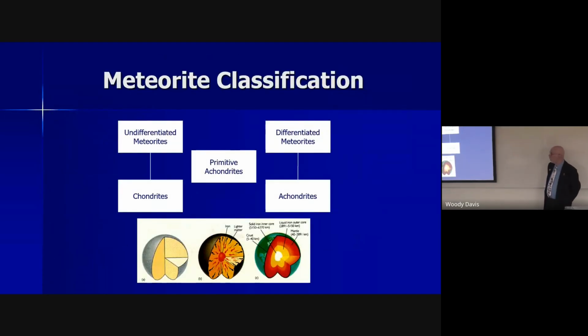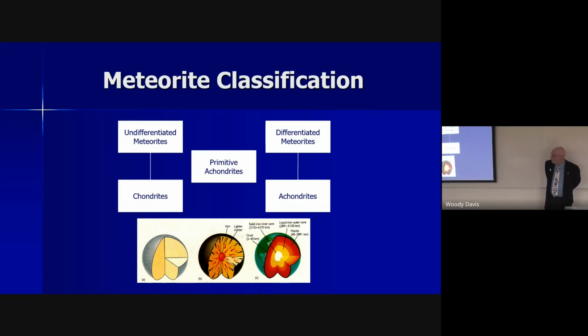And so the newer classification, since it tries to link meteorites to their parent bodies, instead of going stony and stony iron, they say some are undifferentiated, some are differentiated, and then there's some that are partially differentiated, which are called primitive achondrites.